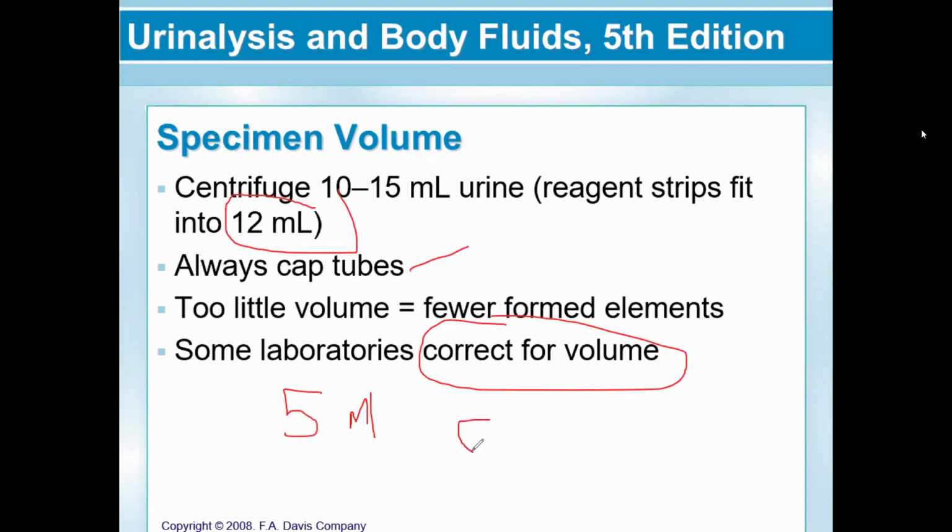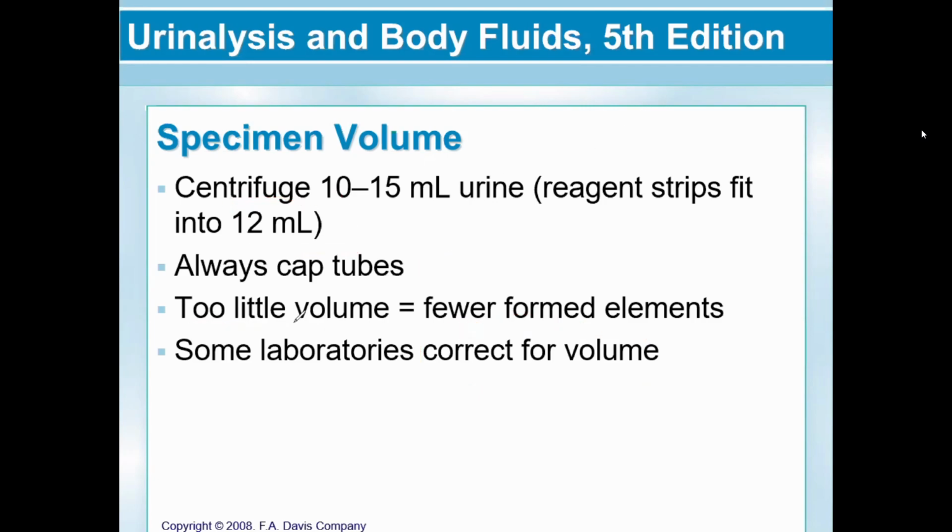Or if it's 6 ml, you have to multiply it by 2, yung results mo. Kasi when there's too little volume, it's equivalent to fewer formed elements. So we do correction. In laboratories, you can check that doon sa kanilang SOP, Standard Operating Procedure for Urinalysis.